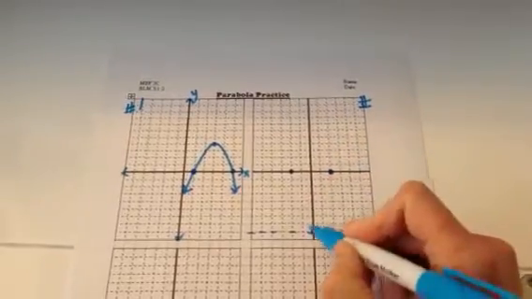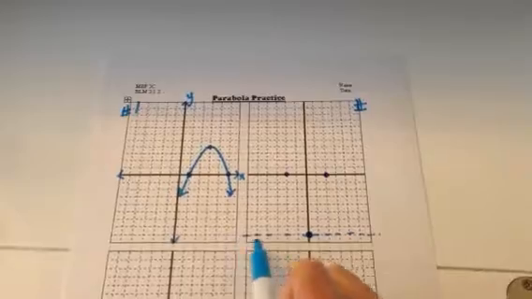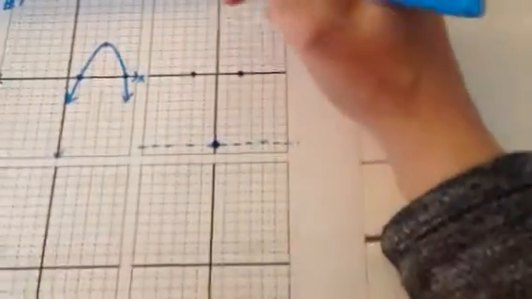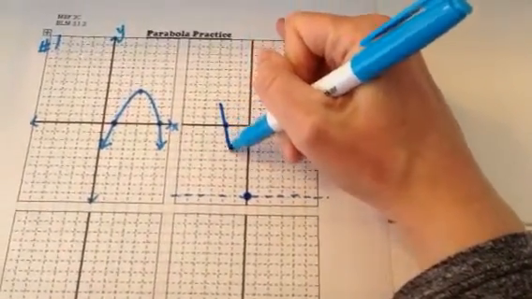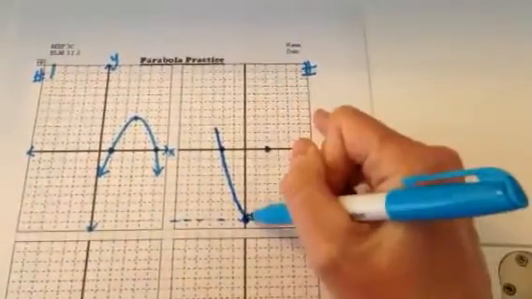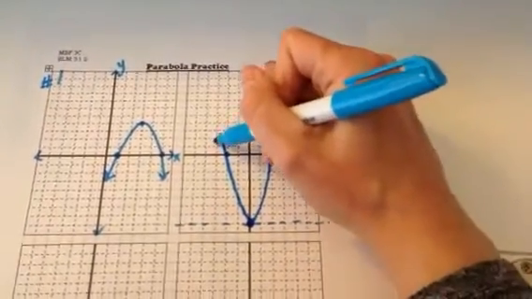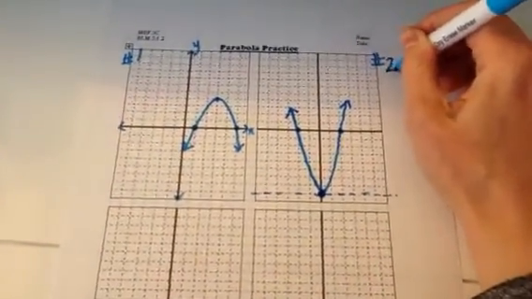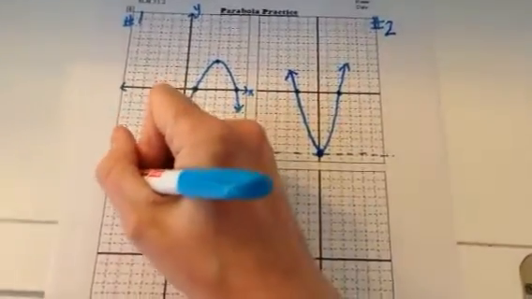It is right in between the x-intercepts, and it is at the minimum value. So in this case, our parabola will be opening upwards. Okay, so that's number 2.